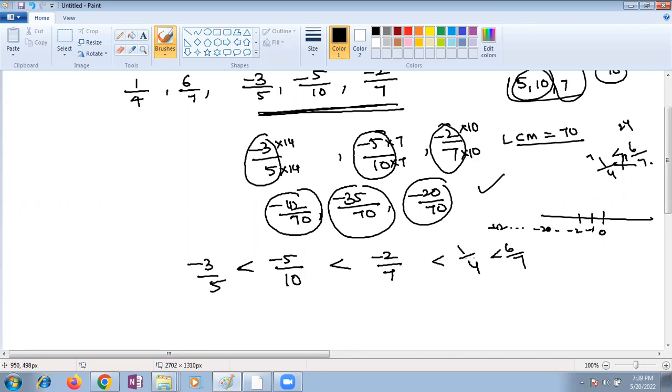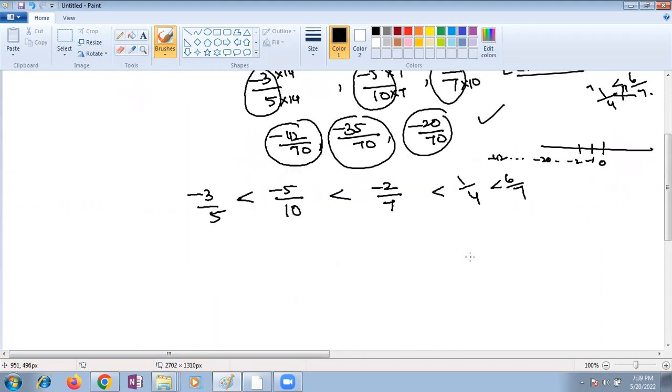Why can't we find the LCM of 4, 7, 5, 10, and 7 all together? That is also fine, you can easily find it all together. And one more doubt you can ask: you are telling us to do cross multiplication for comparing fractions, then why can't we do it for negative numbers also? You can ask such a question too.